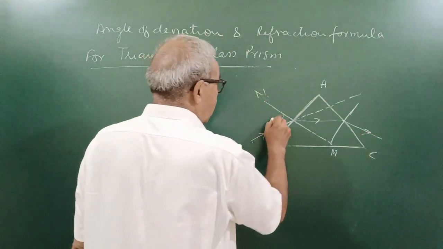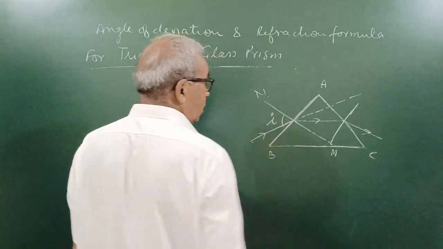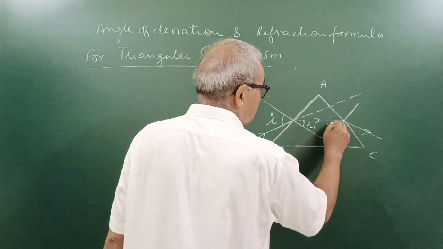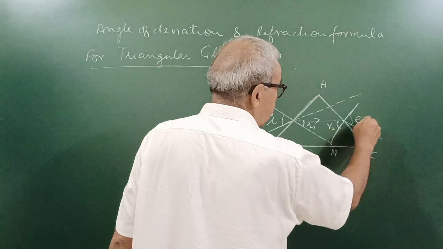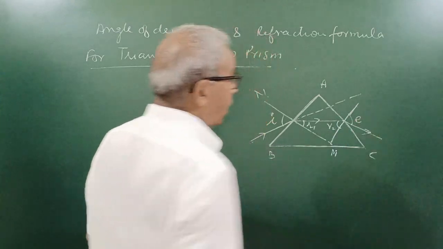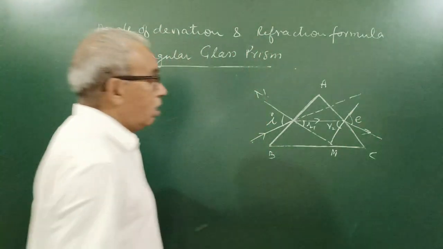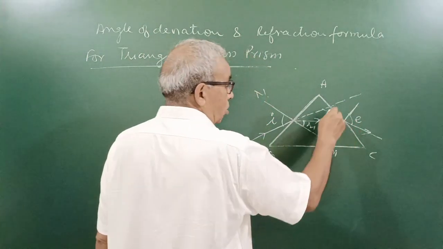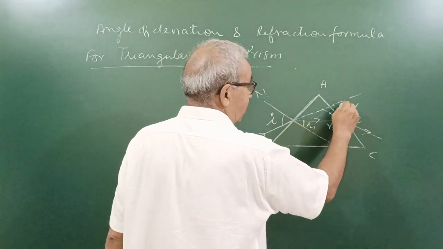So this angle I1 is called the angle of incidence. This is R1, this is R2, this is E. E is called the angle of emergence. If I produce this ray back, this angle here is called the angle of deviation.